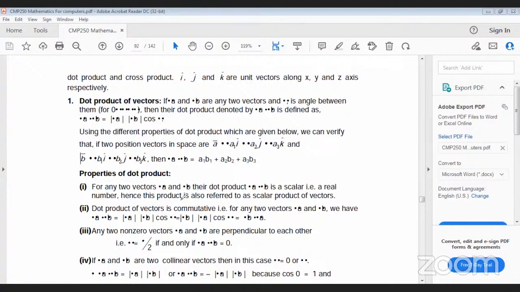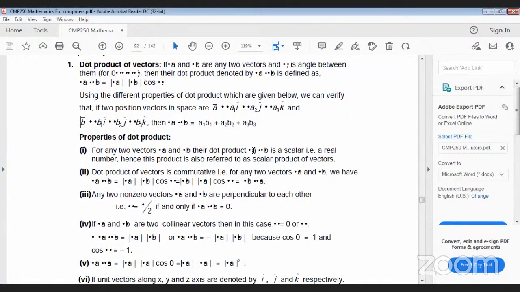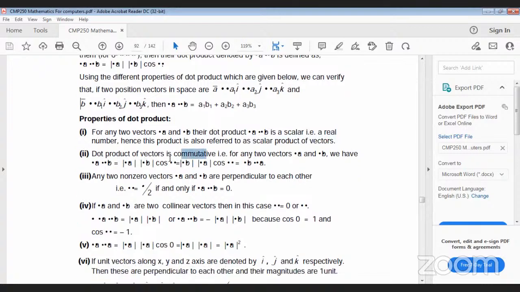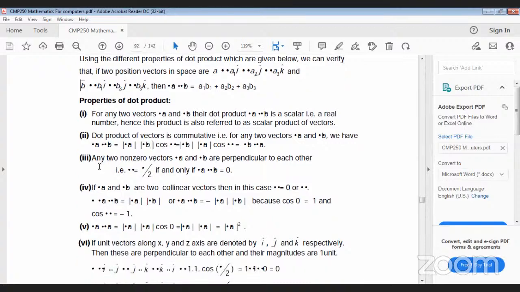For any two vectors A and B, the dot product A dot B is a scalar, that is a real number. Hence this product is also referred to as the scalar product of vectors. It is commutative, so A dot B equals |A||B| cos theta equals B dot A. Now, any two non-zero vectors A and B are perpendicular if and only if A dot B is 0.